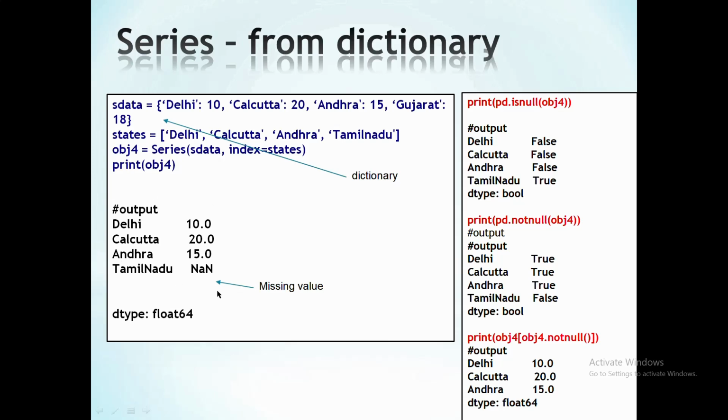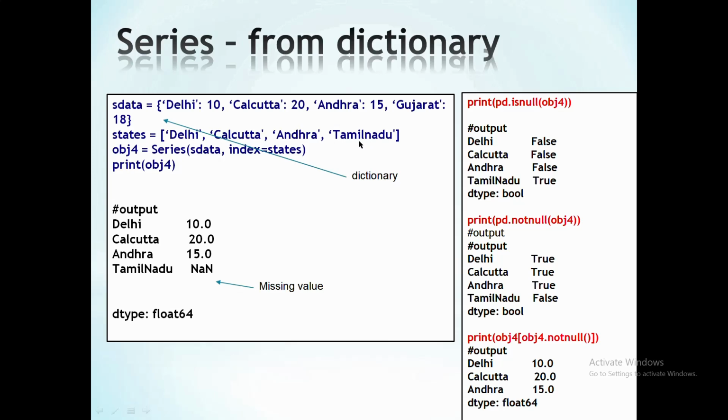The important thing we have to look at here is that in the data I have the countries Delhi, Calcutta, Andhra and Gujarat. Here the states, which are termed as the index for this series, have the names Delhi, Calcutta, Andhra and Tamil Nadu.